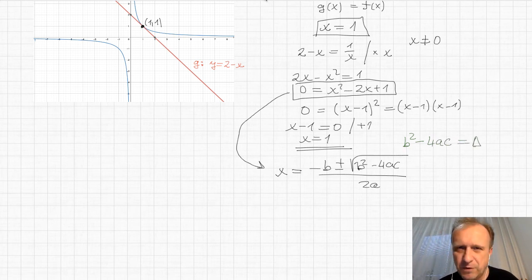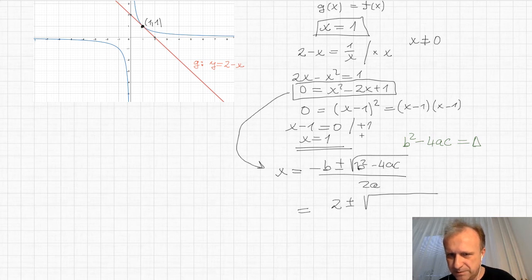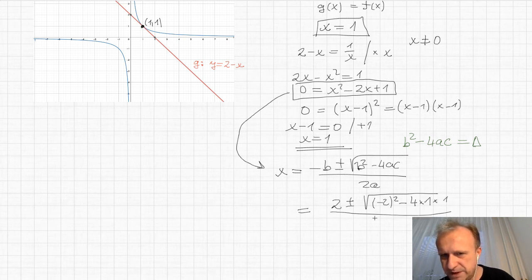And solving it this way, I would get the following. Minus b is 2, plus or minus the square root of b squared, which would be minus 2 squared, minus 4 times a, which is 1, times c, which is 1, over 2 times 1.